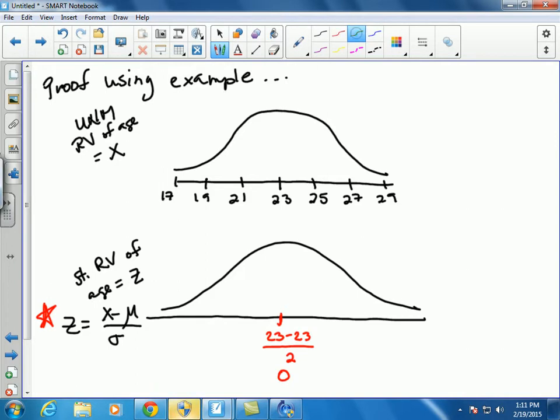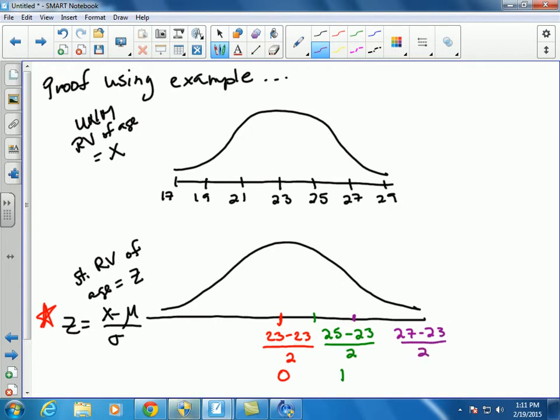Okay, then I'm going to do it for one standard deviation. So this one's going to be 25. I'm going to subtract off the mean, 23, and divide by 2. That's 2 over 2, or 1. So 25 just became 1. 27, running out of room here, is 27 minus 23 over 2.